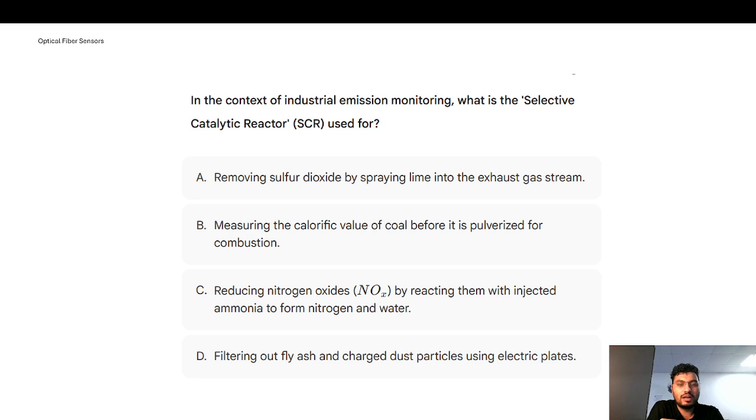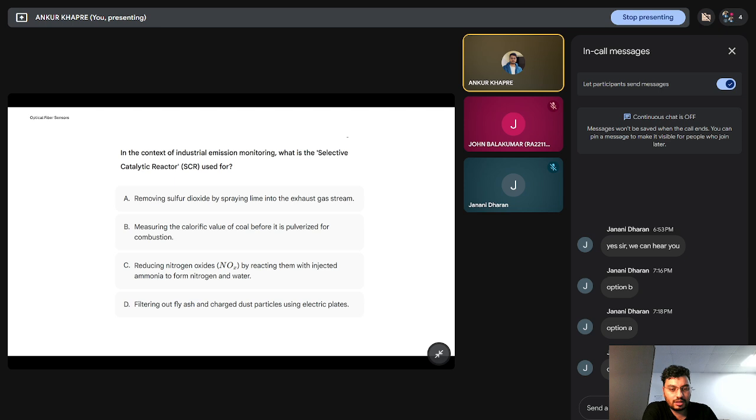Second, measuring the calorific value of coal before it is pulverized for combustion. Third, reducing nitrogen oxides, NOx, by reacting them with injected ammonia to form nitrogen and water. And the last option is filtering out fly ash and charged dust particles using electric plates. Let me know your answer.